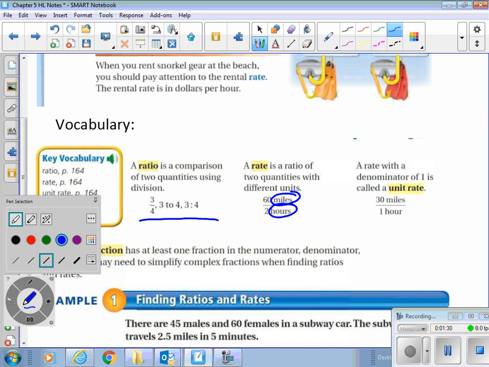That one we would say 60 miles to 2 hours. A type of rate in which you have a denominator of 1 is called a unit rate. If I were to convert 60 miles to 2 hours into just 1 hour as your denominator, we would call that, instead of a rate, a unit rate: 30 miles per hour or 30 miles to 1 hour.